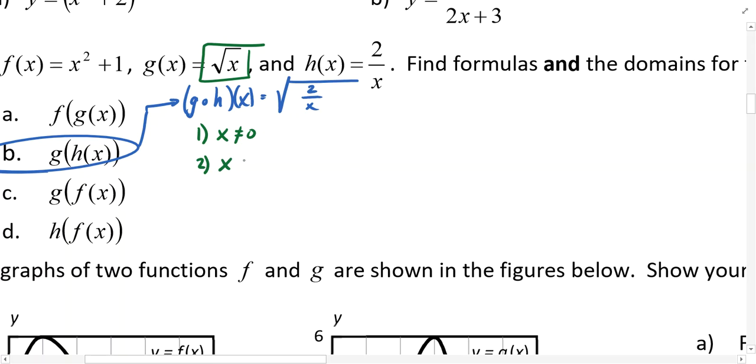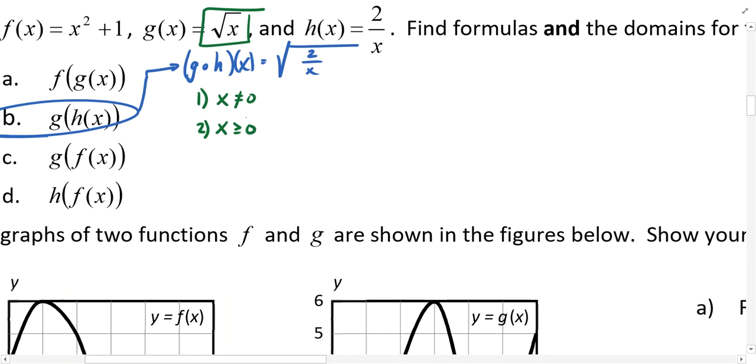Instead of saying x is not allowed to be less than 0, that's a bit of an awkward way to write this. I'm going to say that the domain for the outer function is that x must be greater than or equal to 0. We may only input positive numbers or 0 into a square root expression.